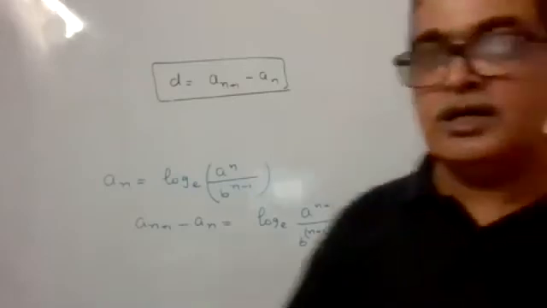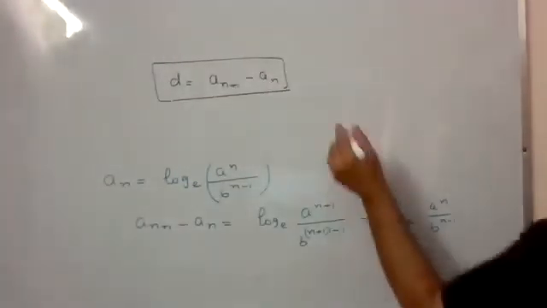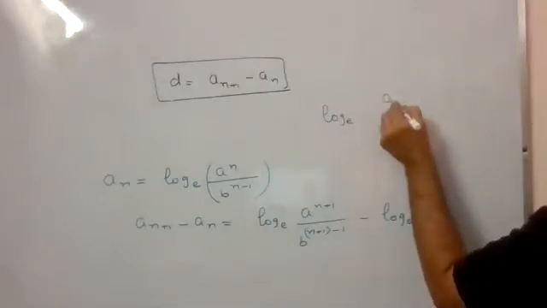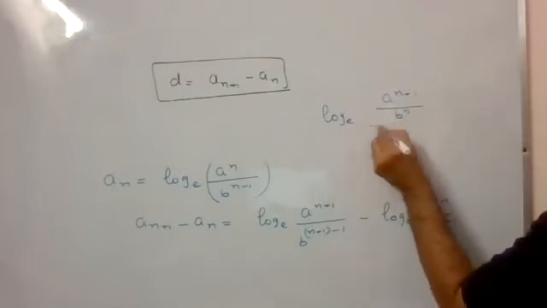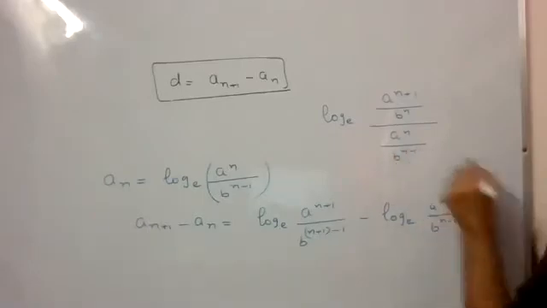So it will be log a by b. We have already done this. तो क्या आएगा ये, log of a by b means a power n plus 1 by b power n. Denominator is a power n by b power n minus 1.